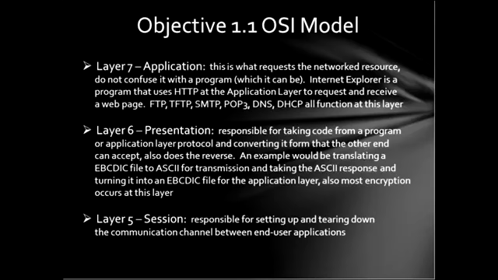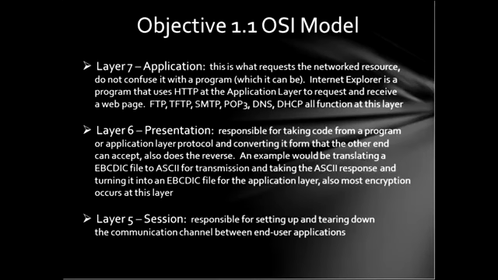Layer 6, already mentioned, that's the presentation layer. That's responsible for taking code from a program or application and converting it into a format that the other end can accept. And when the receiving layer 6 receives it, it converts it into a format that its layer 7 can handle.